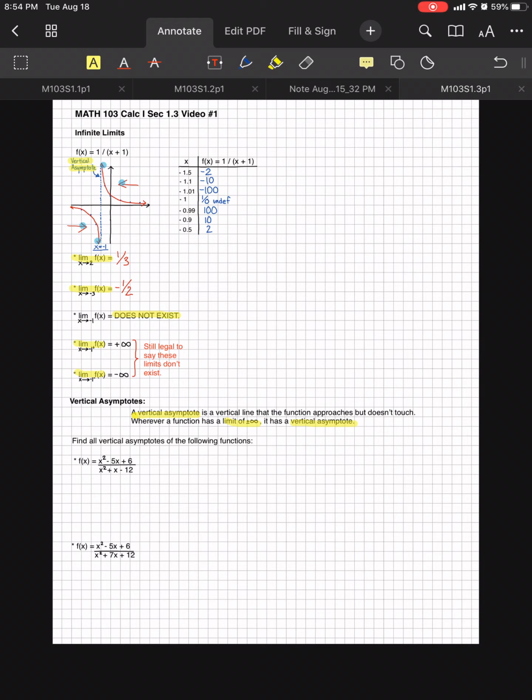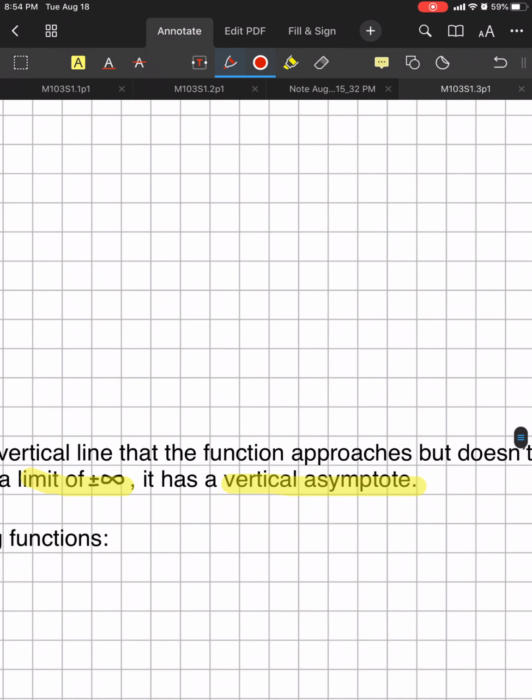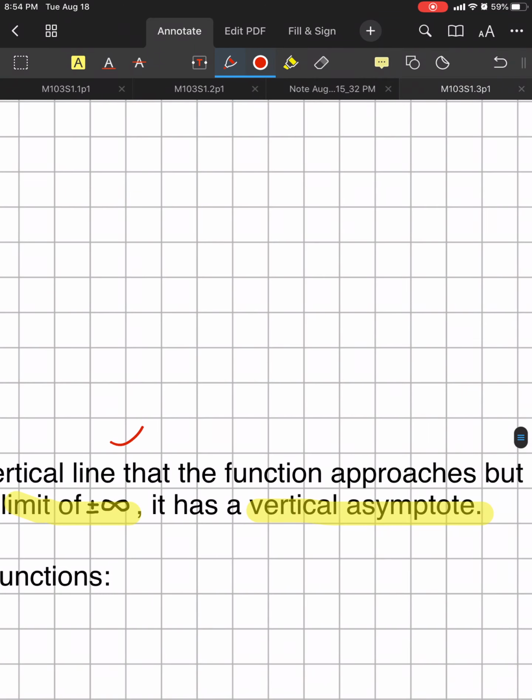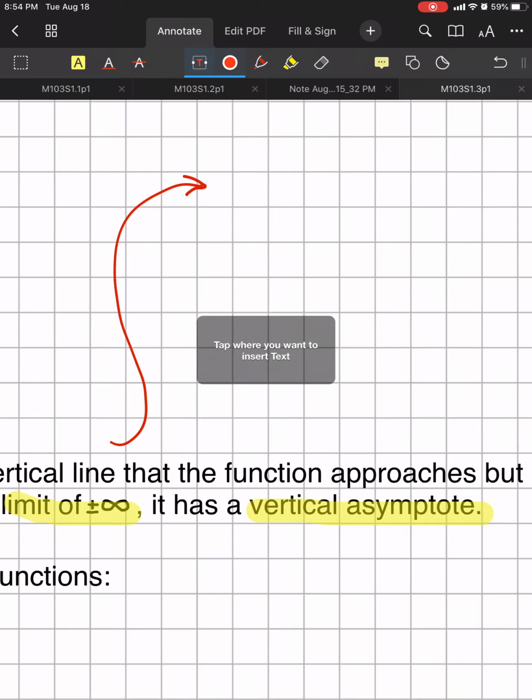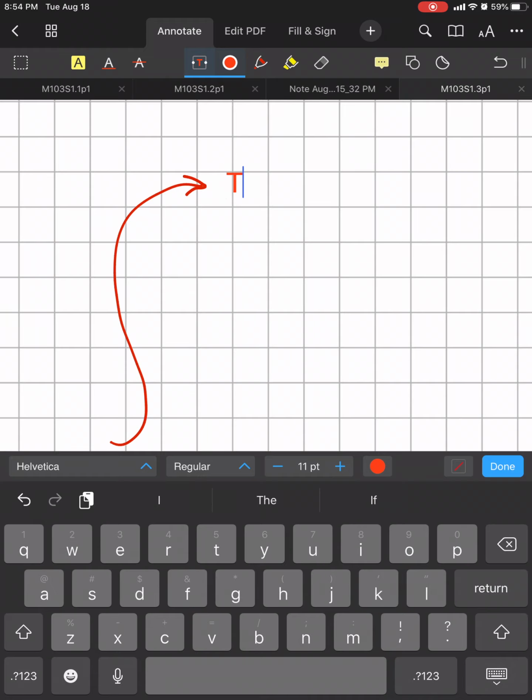Now, how do you find those? So here, essentially the idea is to find these.